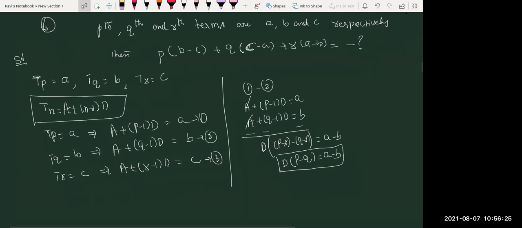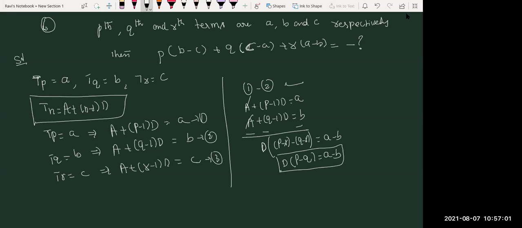Can you explain again, sir? If you subtract equation 1 and equation 2: equation 1 is A plus (P minus 1) into D equals A, and equation 2 is A plus (Q minus 1) into D equals B. Subtracting, A and A get cancelled.